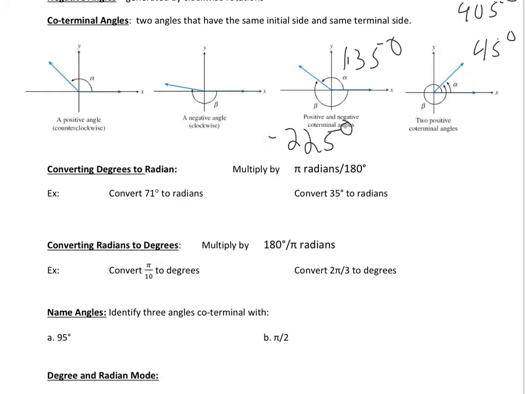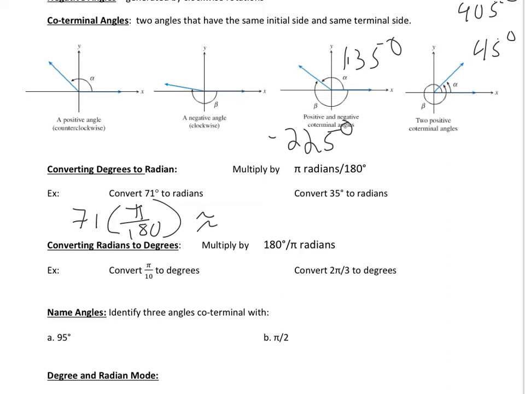Okay, so converting degrees to radians. That one you might recall: if you want to convert 71 degrees into radians, then you have to multiply by pi over 180. So I'm just going to do that in a calculator really quick here.